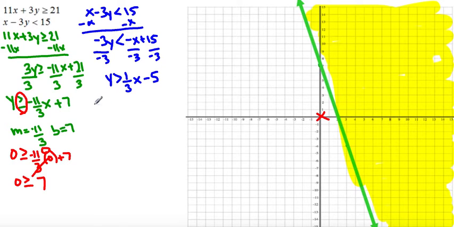Okay, do the same thing with the second inequality. The slope here is 1/3, and the y-intercept is negative 5. So I start my graph at negative 5. Slope is 1/3, so I go up 1 to the right 3.